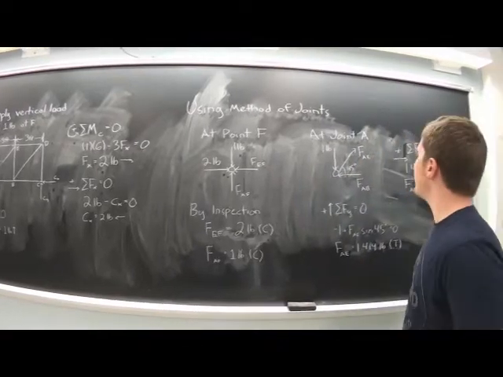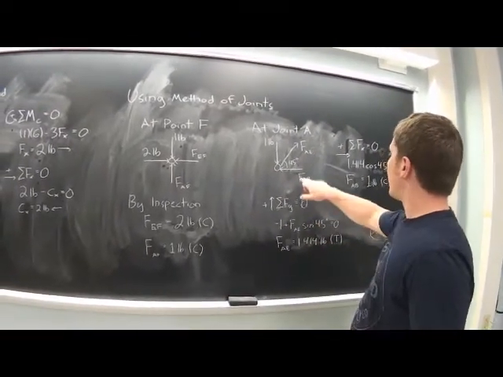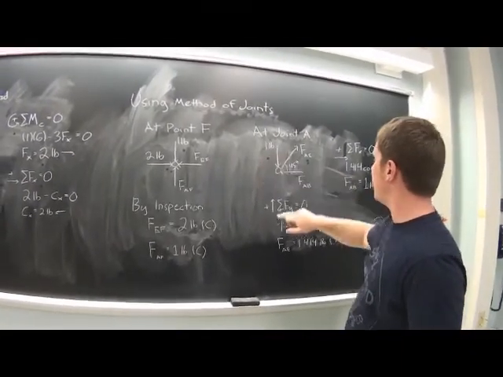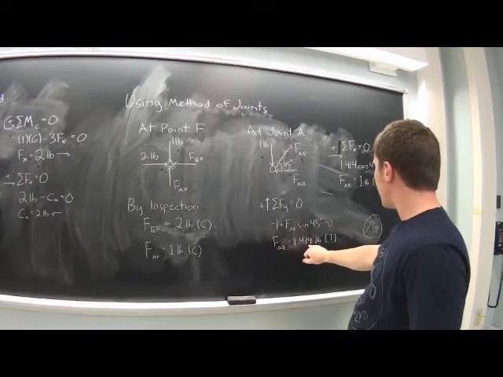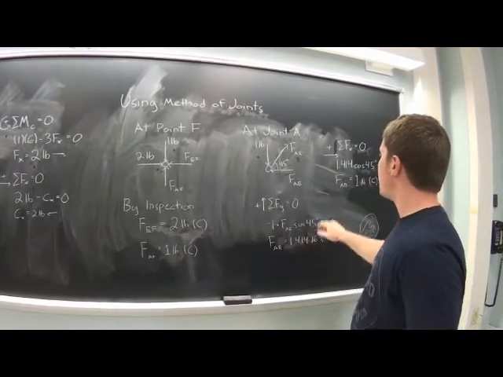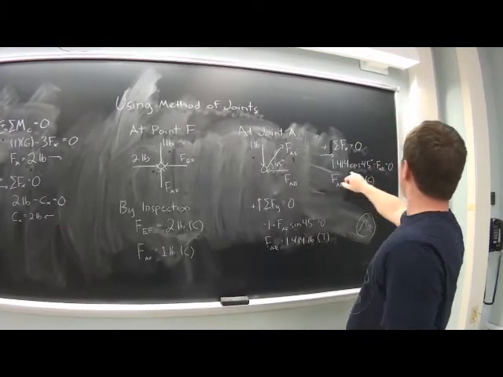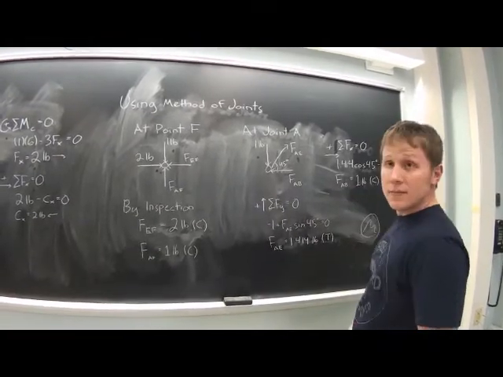Then you do the same thing at point A, and you find that F of AE in the y is going to equal 1 pound. So FAE is equal to 1.14 pounds in tension, and FAE in x is going to equal FAB, which means that FAB will equal 1 pound in compression.